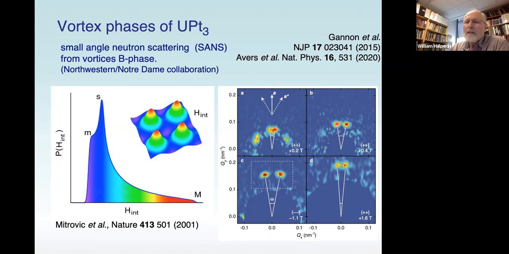So these 2 diffraction spots are characteristic of 2 vortex domains, which we discussed the origin of in this paper here that I've quoted in 2020. But it's sort of interesting that this develops as a function of magnetic field.